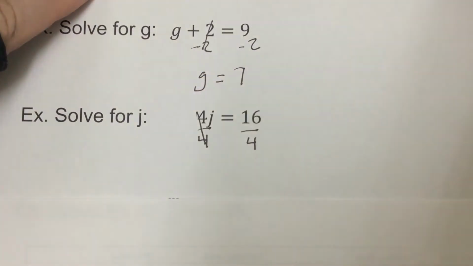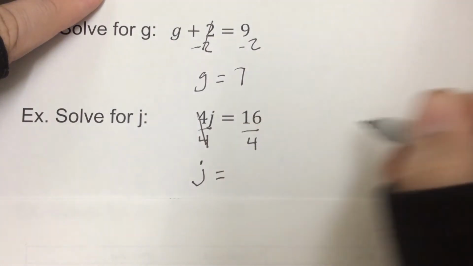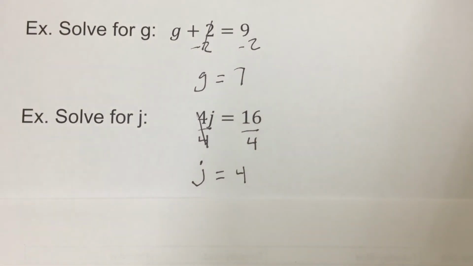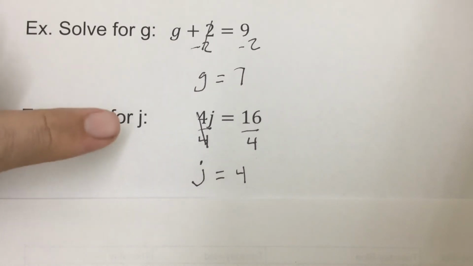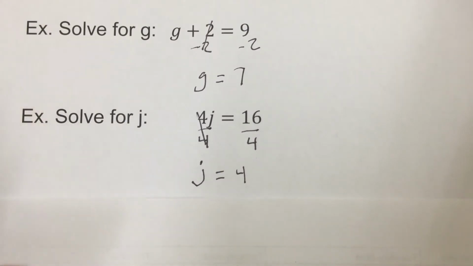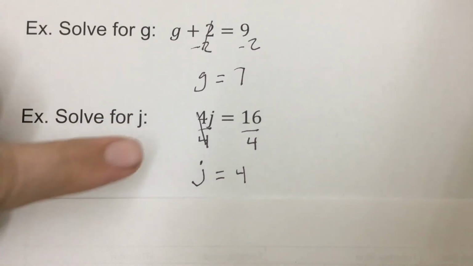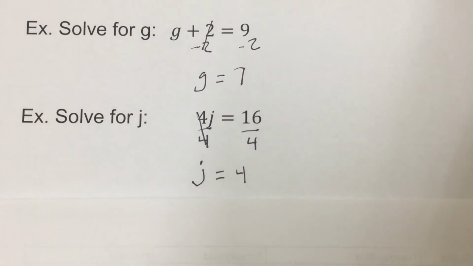So 4 divided by 4 is 1, so 1 times j is just j. 16 divided by 4 leaves me with 4. So again, get in the habit of showing all of this work. When you're doing this for the homework for IXL, get a piece of scratch paper and write all of this out. I know you're not going to like it because it's a lot of work, but it's something you need to do to build that memory, that habit of solving it like this.